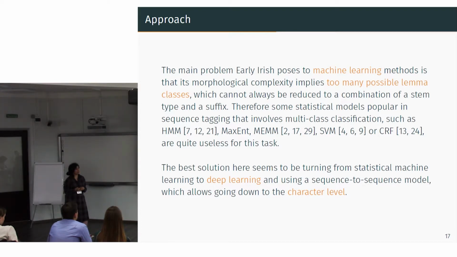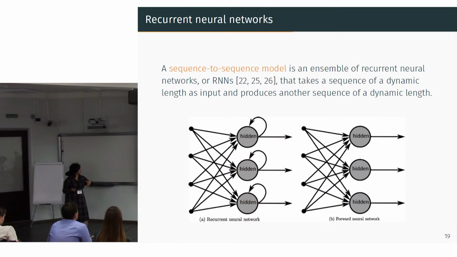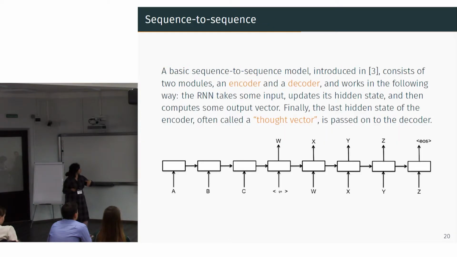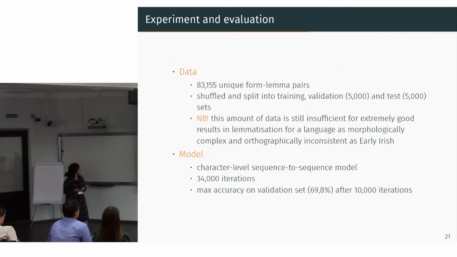But there are too many lemma classes and the data is too scarce, so I decided to go from the word level to the character level. Everyone knows what recurrent neural networks and sequence-to-sequence are. So I used the same form-lemma pairs, split them into training, validation and test sets, and went to the character level.